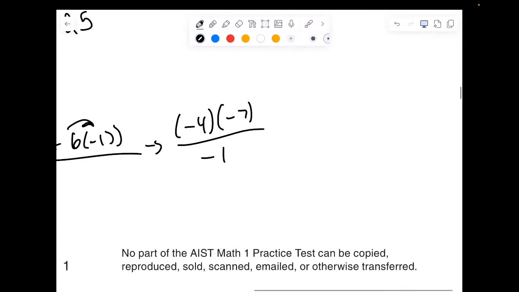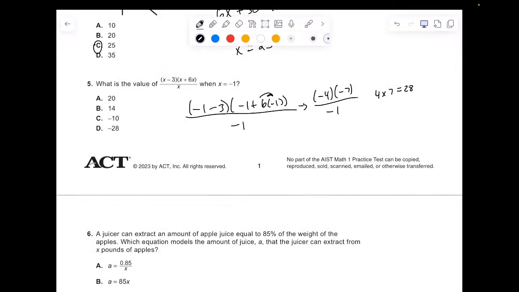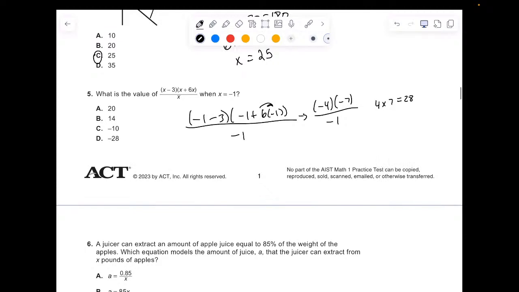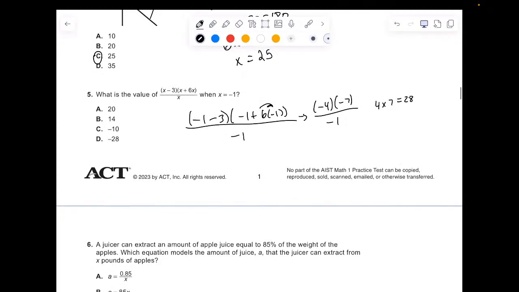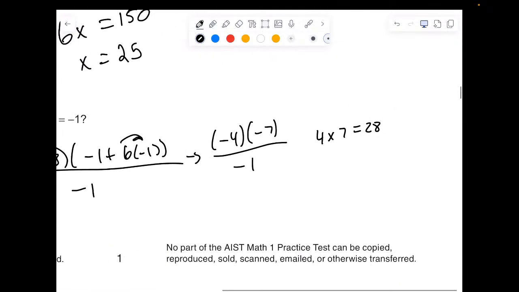And this will just give me 4 times 7, which is equal to 28. Oh, crap. Oh, my bad. This right here is a positive number.